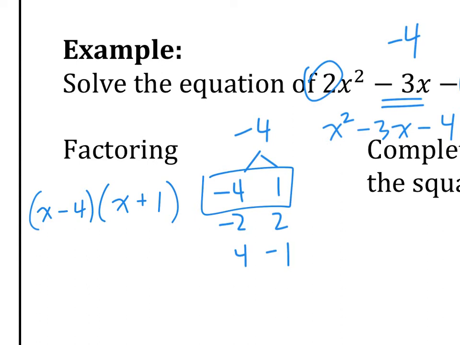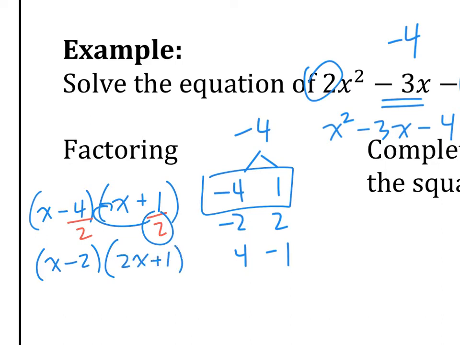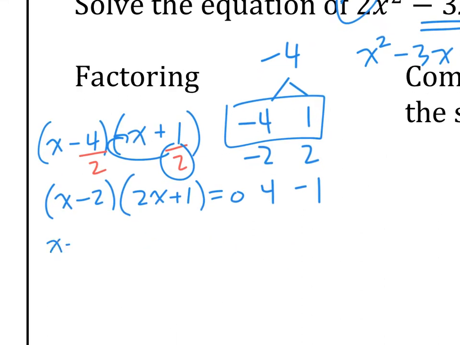So we have to divide out that a that we multiplied. Do you guys still recall? Okay. And then I said, if you can simplify it, then you simplify it. If you cannot simplify it, then bring this number to the front. That's 2x plus 1, and then that's equal to 0. Which means each factor has to equal 0. So x is equal to 2 or x is equal to minus 1 over 2.